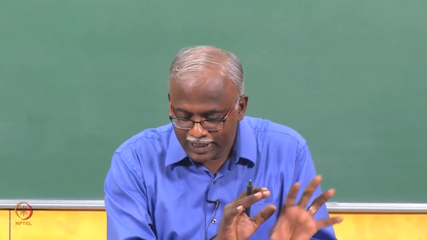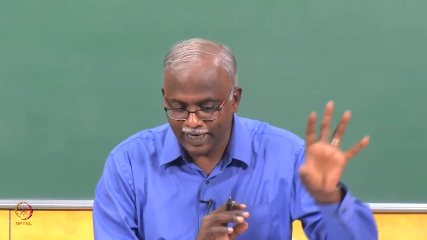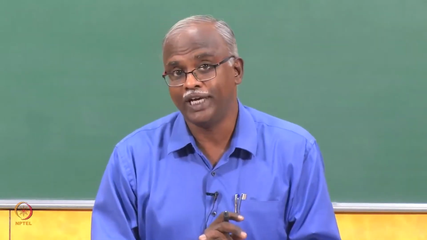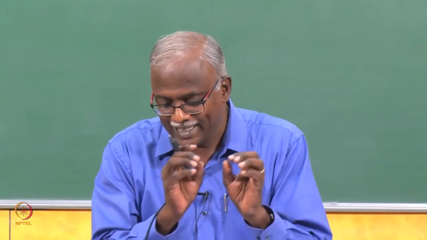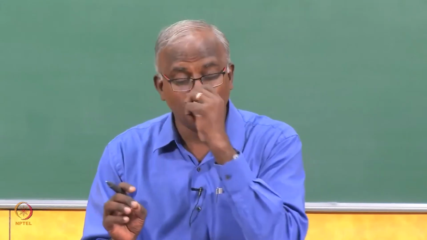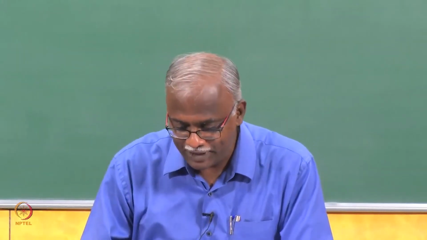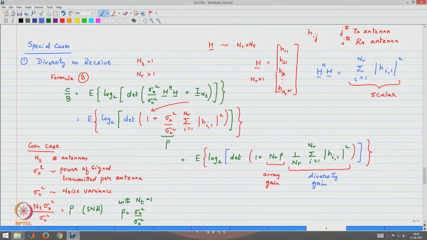So, we are able to see that the expression that we get for the log det capacity of a MIMO channel on receive directly correlates to the expression that we obtained when we were using receive diversity, because when we were using receive diversity, what was it? It was basically, we can leave out this, it is a scalar 1 plus. So, the determinant really does not make a difference, we can leave out this.